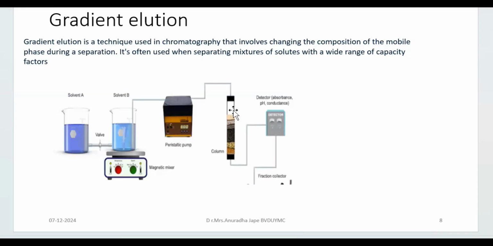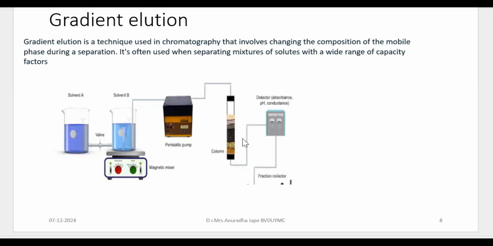But just to give you an idea about how the gradient would be prepared, solvent A and solvent B are mixed together with the help of the pump, and they will enter the column at a particular rate. Commercially available gradient mixtures are available.